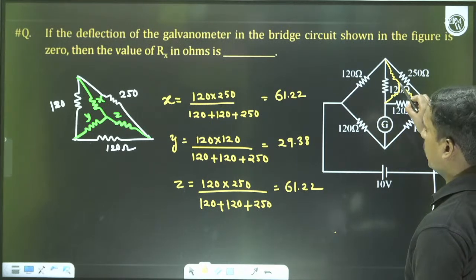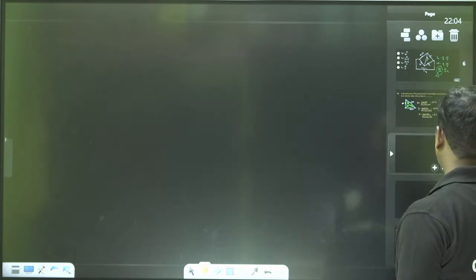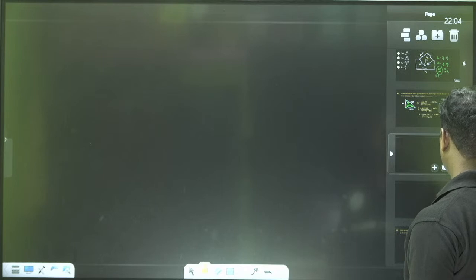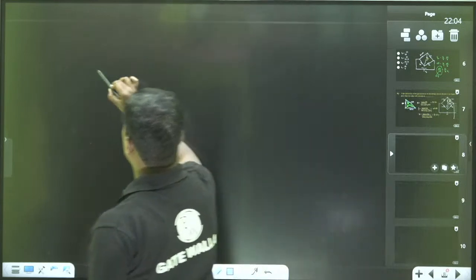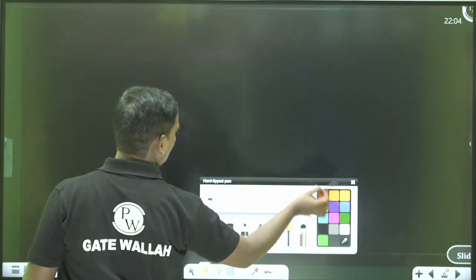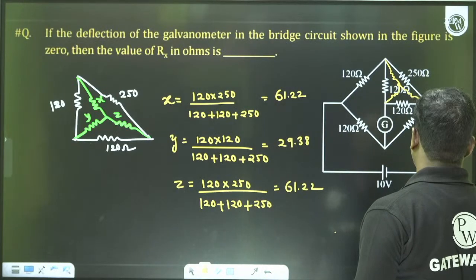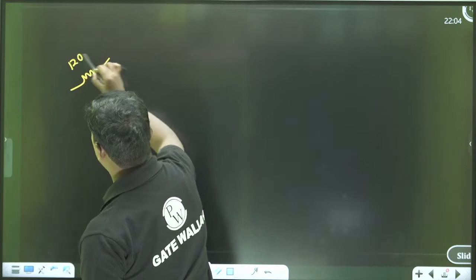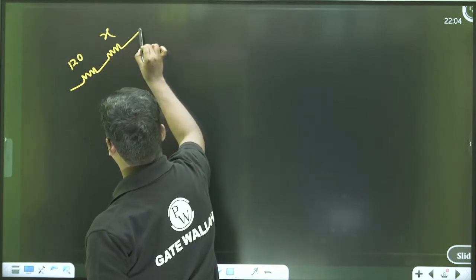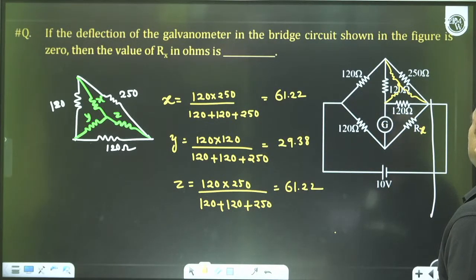If you take this terminal, the circuit will become like this. The circuit will change. This has 120 and x will be coming in series. 120 and x will be coming here. Next, here comes the z.